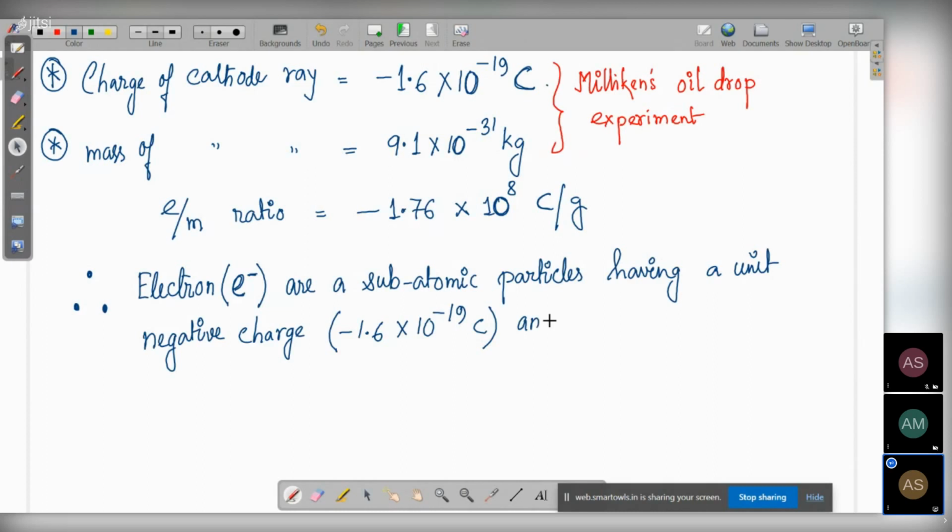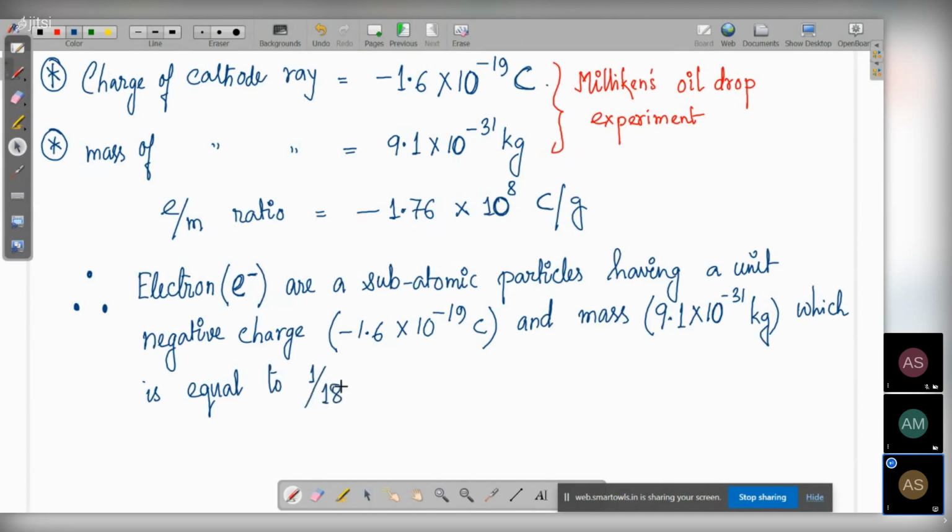And mass 9.1 into 10 to the power of minus 31 kg, which is equal to 1 by 1837 times of hydrogen atom.